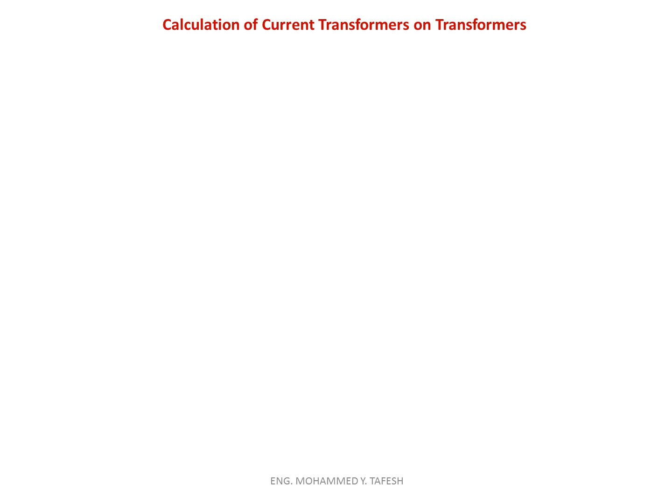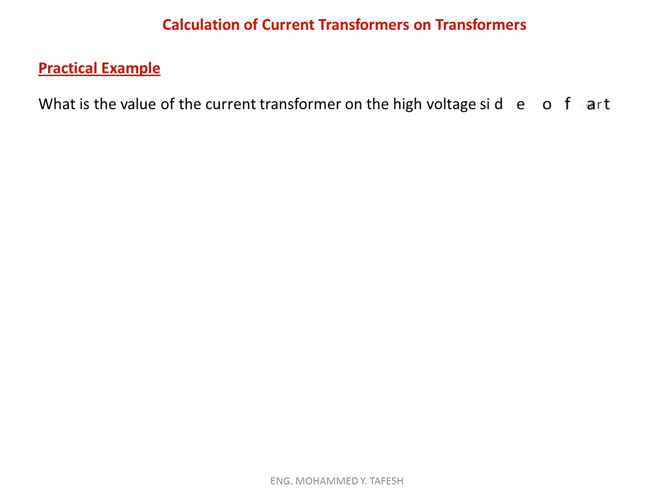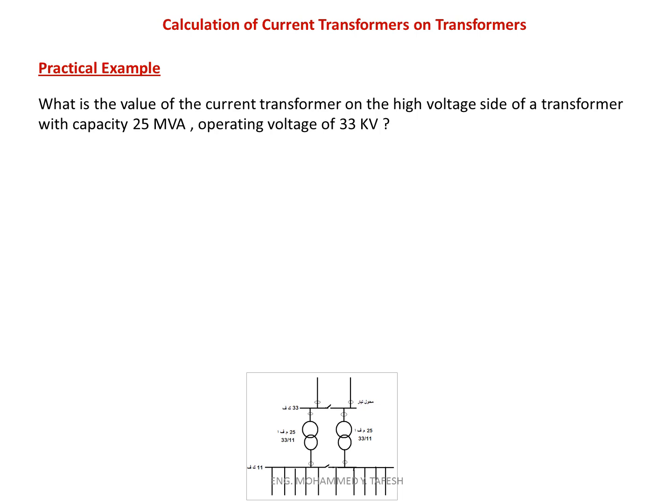Let's see calculation of current transformers on the power transformers. Practical example. What's the value of the current transformer on the high voltage side of a transformer with a capacity of 25 megavolt ampere, which has operating voltage of 33 kilovolt?